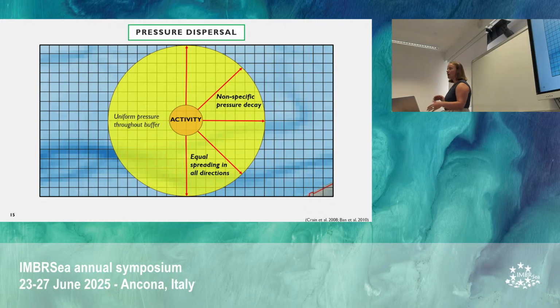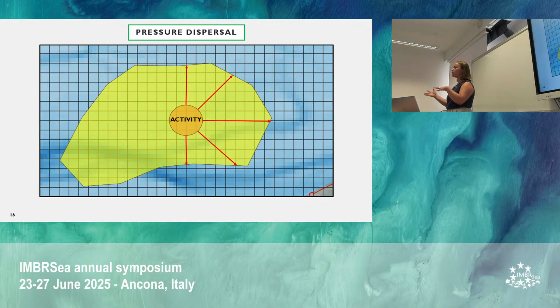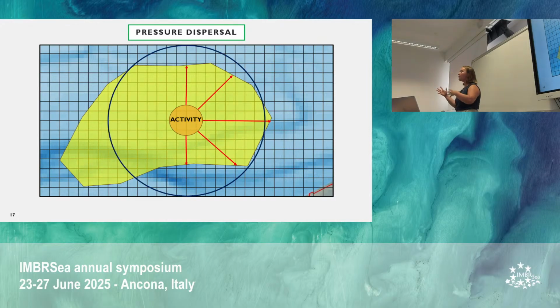Other methods try to incorporate a decay of effect over space and time with distance from the source, but this is not necessarily specific to a given pressure, and it also assumes equal spreading in all directions, when in reality, the dispersal of pressures can look something like this. So when we're assessing them with buffers and not specific methods, we're having both an under and overestimation of where the effects on an ecosystem are happening, and of course the magnitude of the effect.